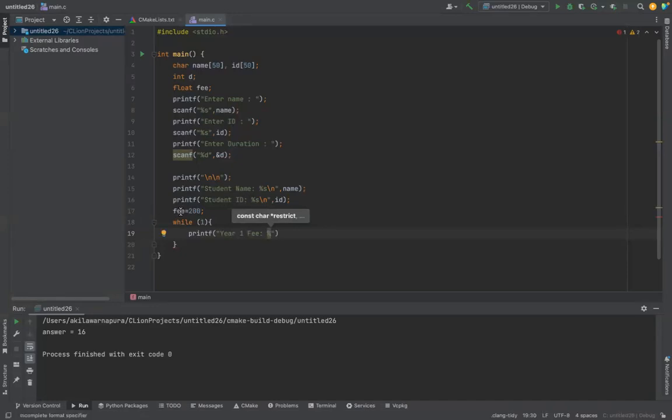Fee is in the floating type variable, therefore you have to use percentage f and slash n. Here you have to provide the variable fee.